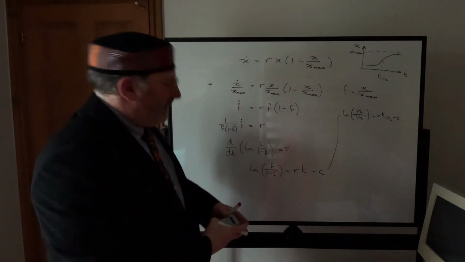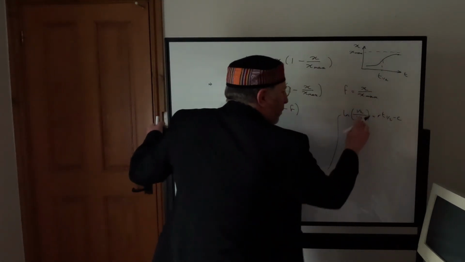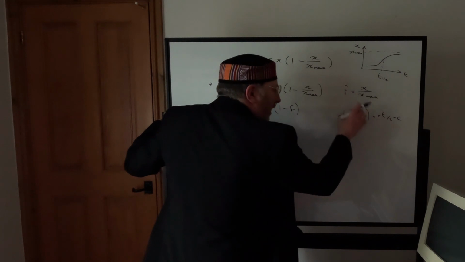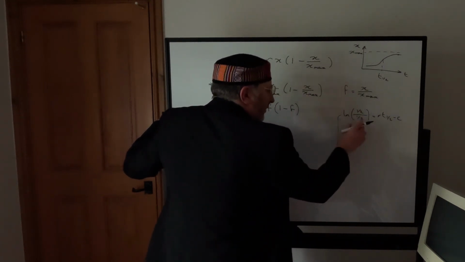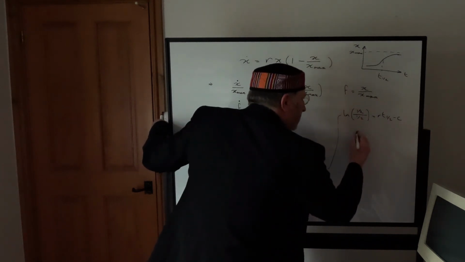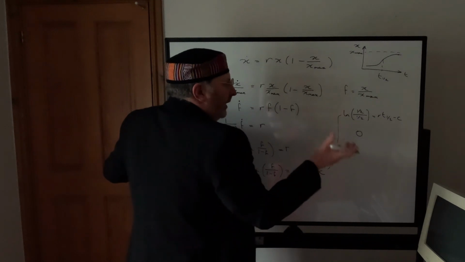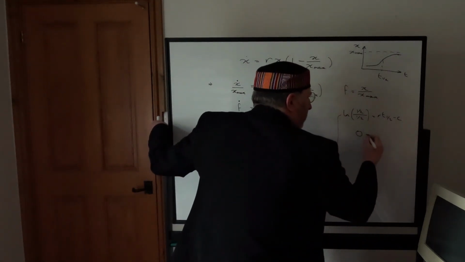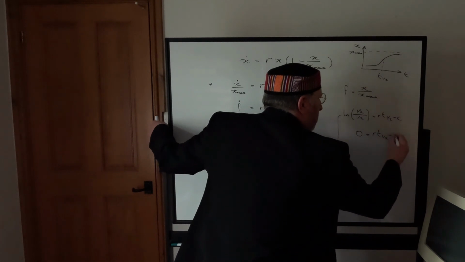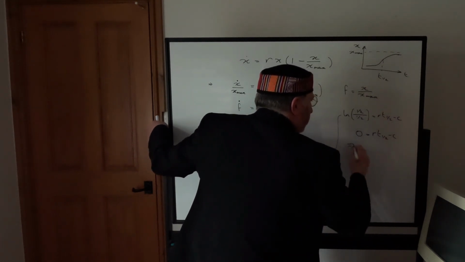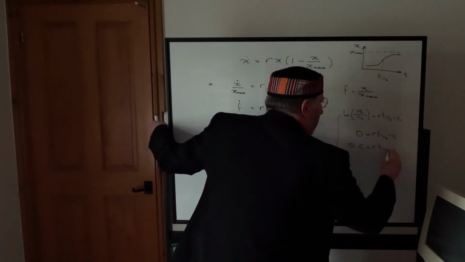And well, half over half is 1. So this is a logarithm of 1, which is 0. The logarithm of 1 in any base is 0. So that is equal to r t1/2 minus c, or in other words, c is equal to r t1/2.